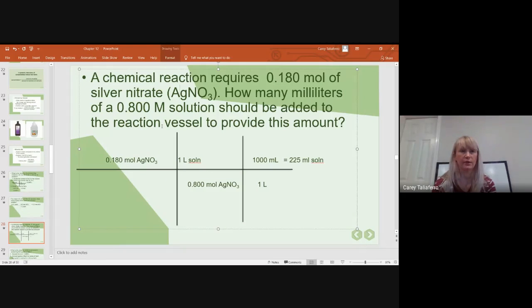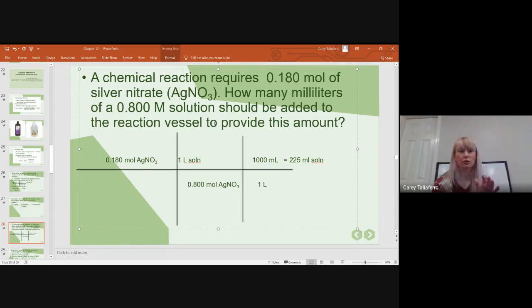So let's read through this again. A chemical reaction requires 0.180 moles of silver nitrate. All right. Now I have a solution already made up that is 0.8 molar silver nitrate.